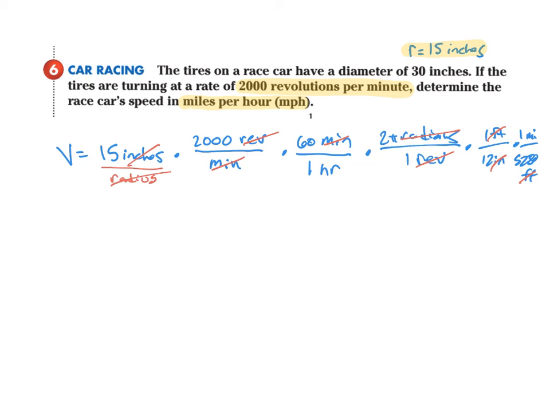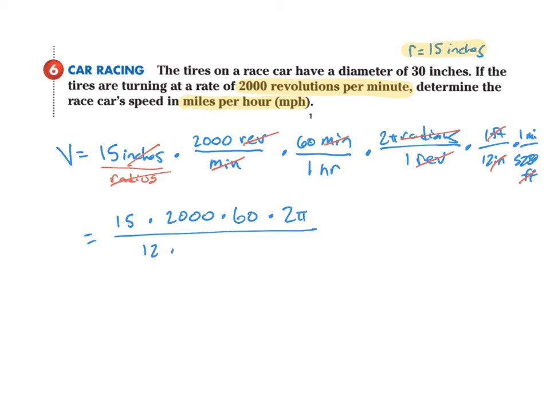Okay, so if I clean this up, in the numerator I've got 15 times 2,000 times 60 times 2 pi times 1, we don't need to worry about the 1, divided by 1 hour times 12 times 5,280.